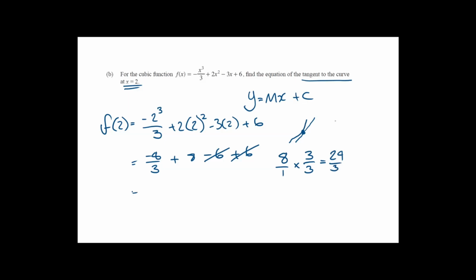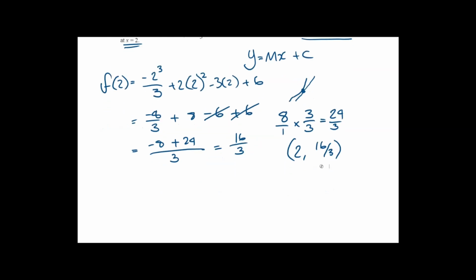And I'm going to get it as a common denominator. And that means that we can rewrite that as 16 over 3. So it's going to go through the point 2 comma 16 over 3. So now what we need to do is find the gradient at x equals 2.